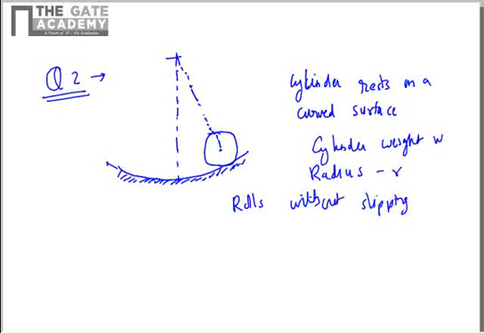There is no slipping between the surfaces of the cylinder and the curved surface. It rolls without slipping on the cylindrical surface. So the surface where it is rolling is also given, that is a cylinder.